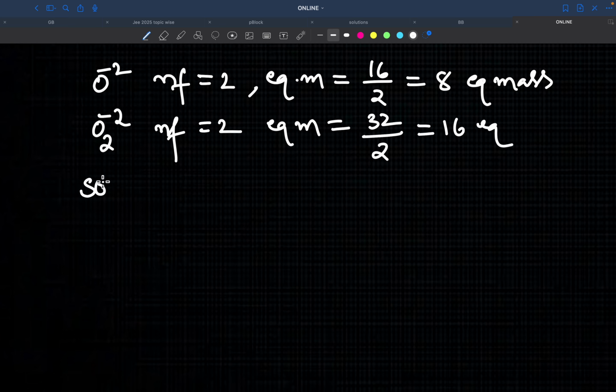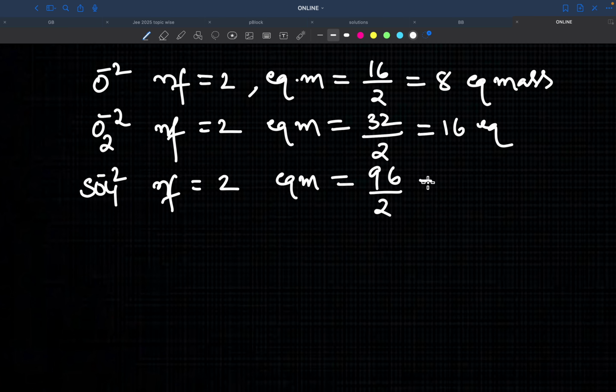If I give you SO4 minus 2, what is the n factor? Can you see here? 2, right? So equivalent mass equals, what should I write? Sulfate ion would be 64 plus 32, 96 by 2, so this is 48. Are you able to understand this one?